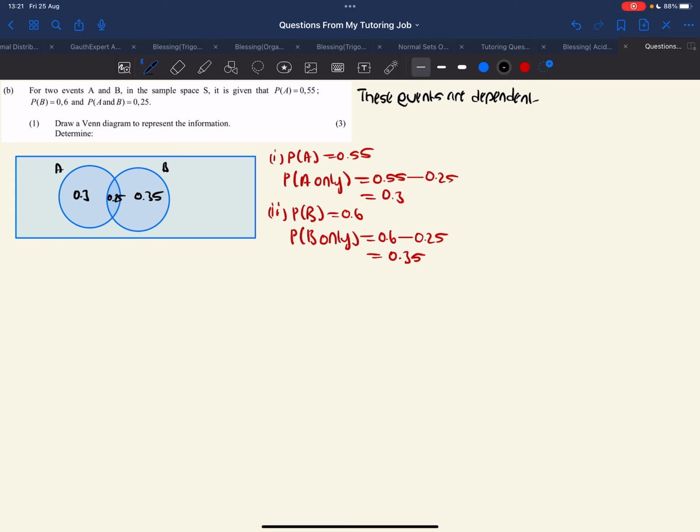Now I need the probability of the events not happening, and I'm going to put the number here. It's up to you where you want to put it. Remember, according to probability, the probabilities are supposed to add up to 1.